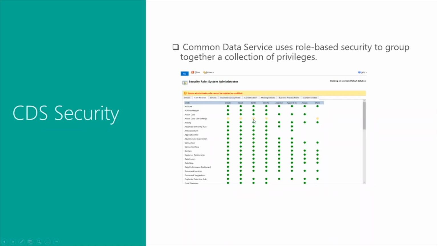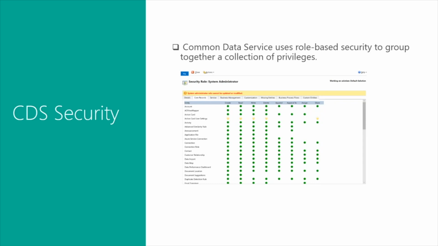This is what I would call the scope of the CRUD. I can show you how you define those, but in general we call it global access, deep access, local access, and basic access.